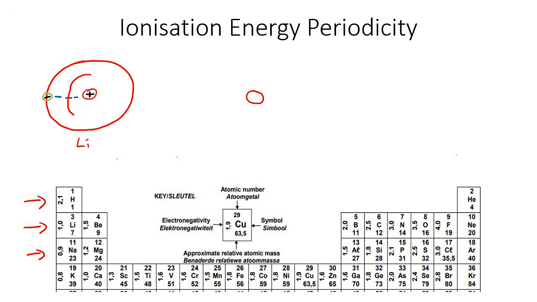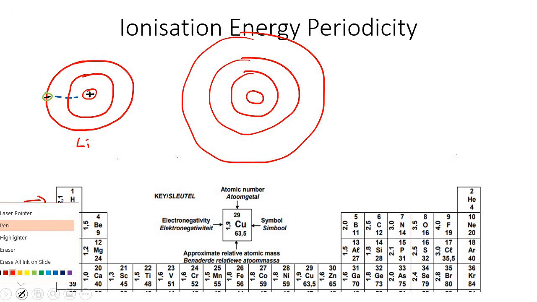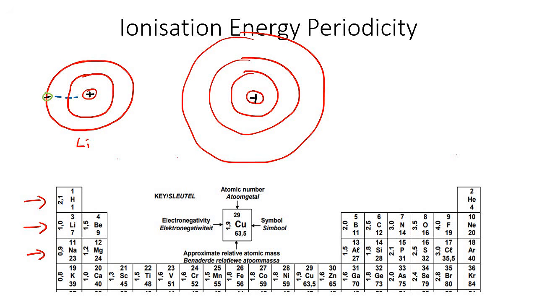So lithium has 2 energy levels, whereas Na is going to have 3. So around the nucleus, it's going to have 1, 2, 3 energy levels. And this part in the middle is the nucleus.